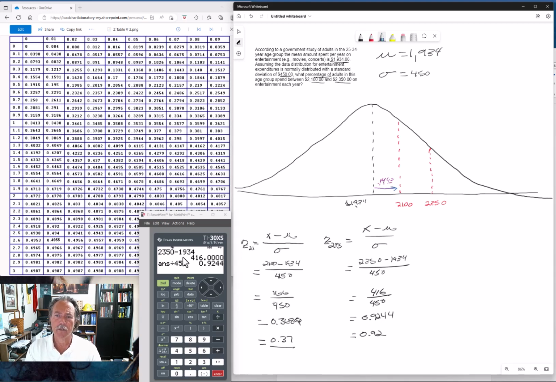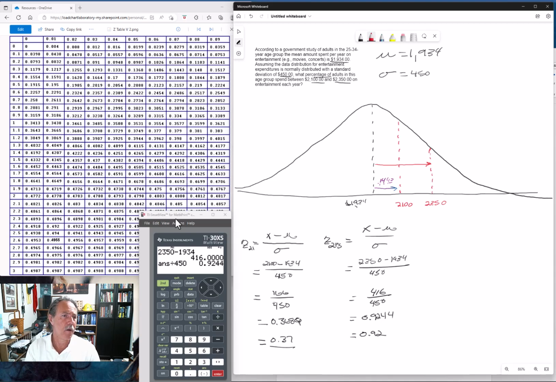Now we want to, wish I had more pen colors here. Let's go back to a red here. Now we want to find the area between the mean and $2,350. And the z-score for $2,350 is 0.92. Go to our z-table, 0.9.